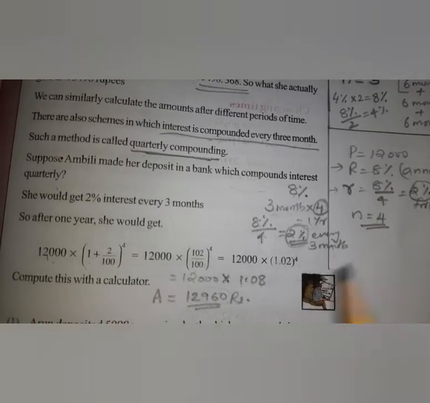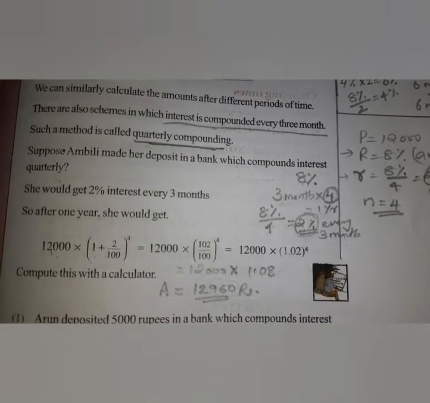Out of that, 960 rupees you get as interest. The interest is calculated 4 times, and together it is 960.